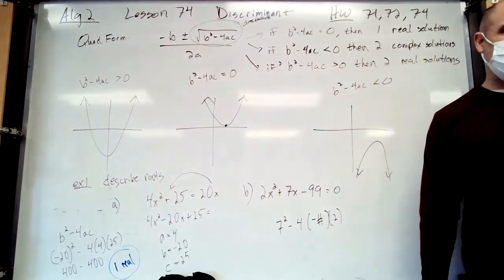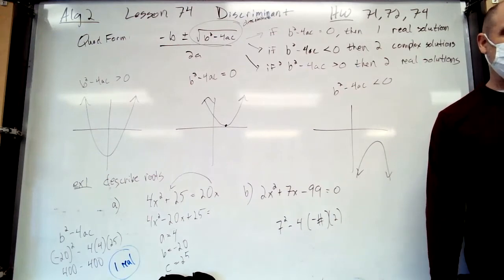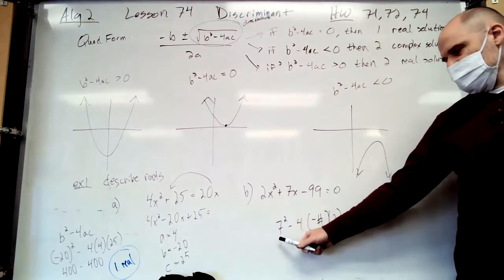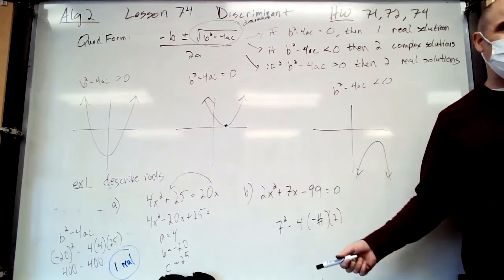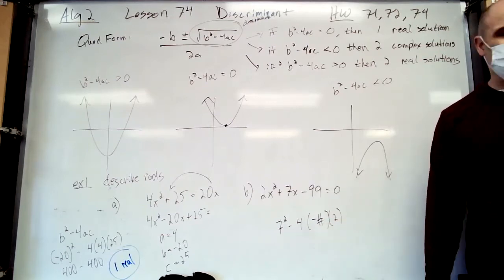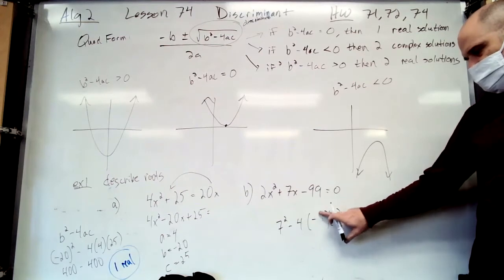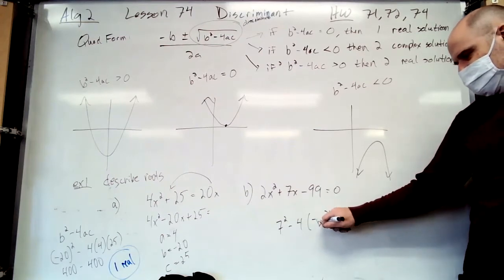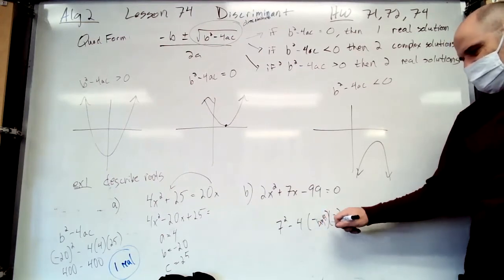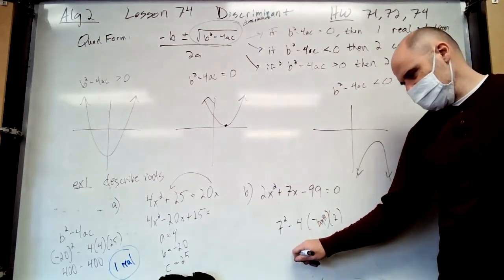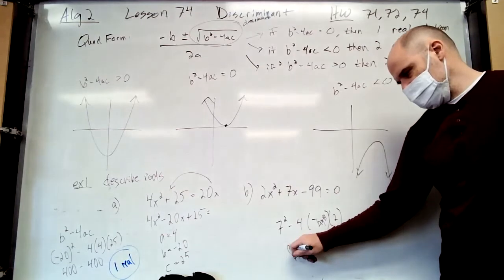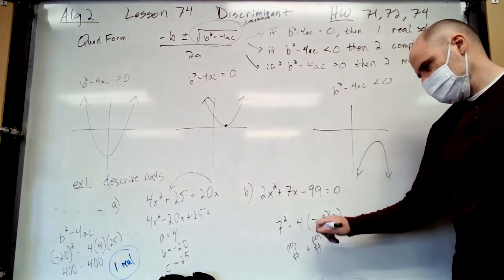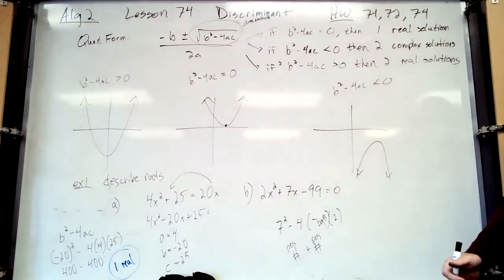Now, why didn't I bother finishing this? Because it's negative. It's a positive minus a negative, so that's going to be a big positive number. So you can just say big number times 2. So it's basically a number plus a positive number plus a positive number. So it's going to be 2 real solutions.